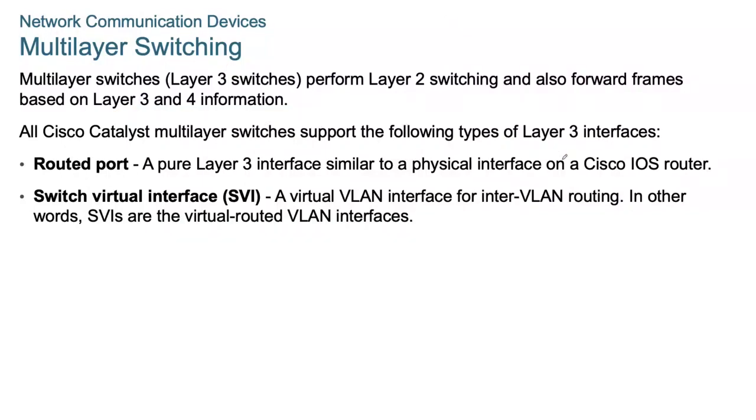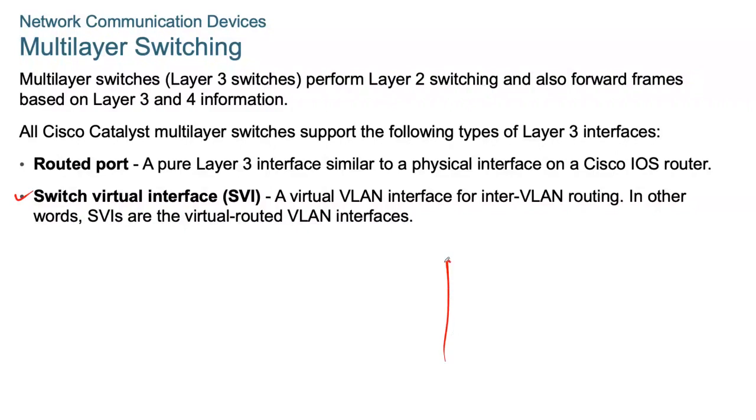When layer 3 interfaces are used, they route based on their port. One is a pure layer 3 interface, which is similar to a physical interface on Cisco operating system based routers. Another one is the switch virtual interface. This interface is for inter-virtual LAN routing.